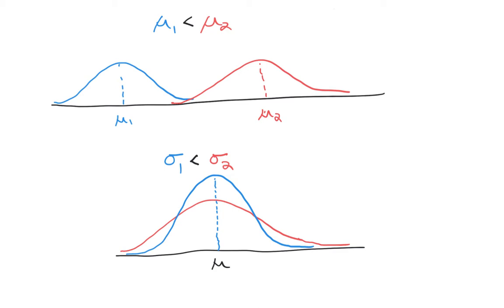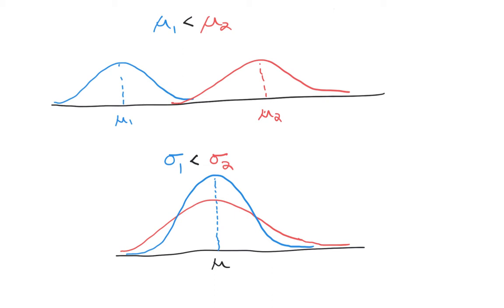So if we have a normal distribution with a fixed standard deviation, but we increase the mean, we should get something with the exact same shape, except that it's moved higher on the x-axis so that the mean is higher. So now the mean is mu 2. I didn't draw this exactly, but the shape of these two things is the exact same.